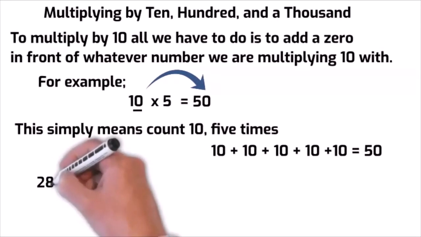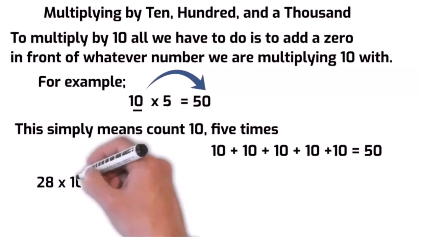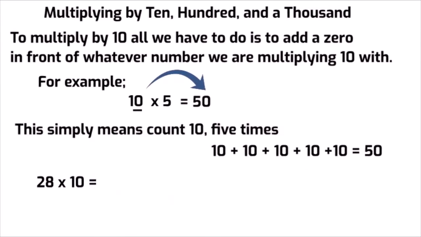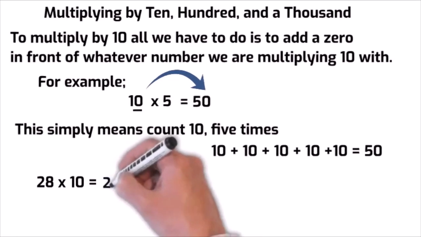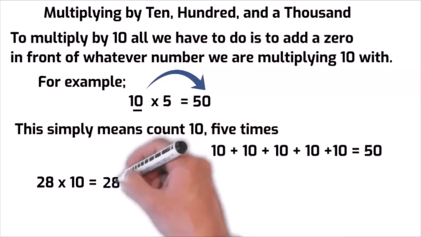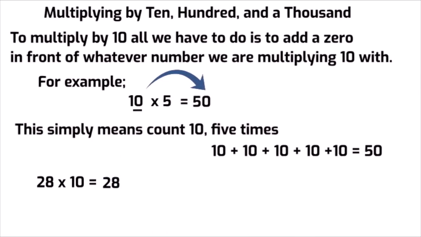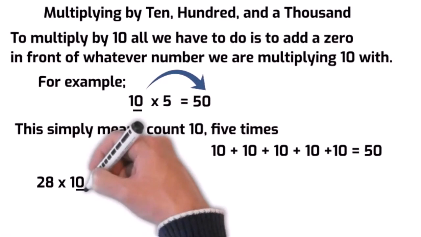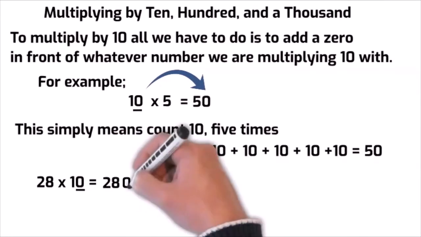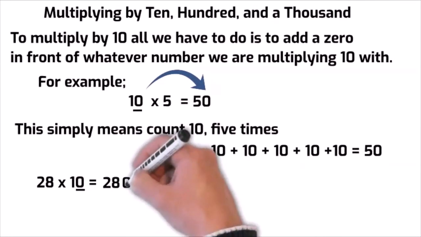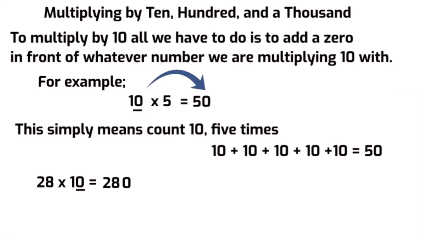Let's now take another example. 28 times 10. First thing first, write down 28. Next, we add a 0 in front of 28. We have 280. 28 times 10 gives us 280.